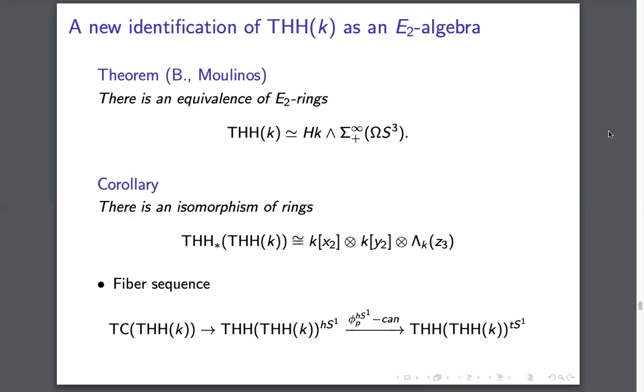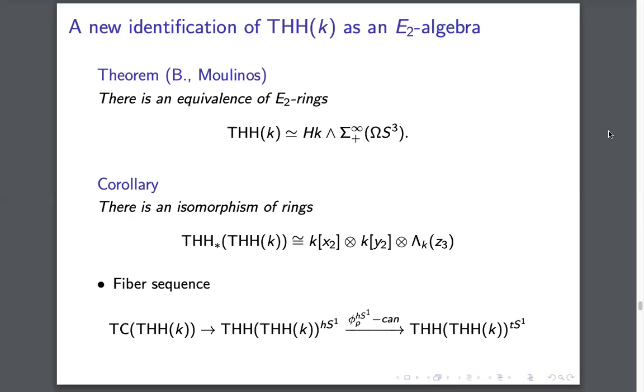I was interested in this comment that you made about THH of different formal deformations of K. And I'm wondering, do you know what you get if instead of starting with this generator in degree 2, you start with the generator in degree 4 or something like that? Yes, that's something we're looking at.